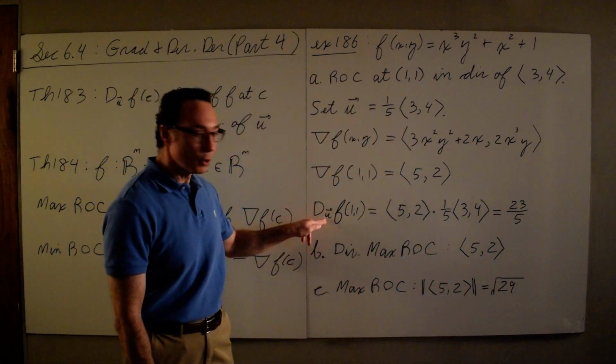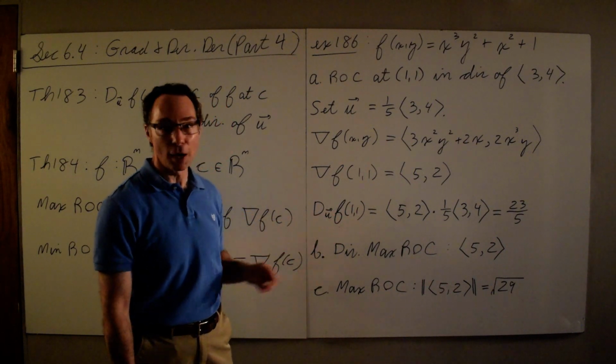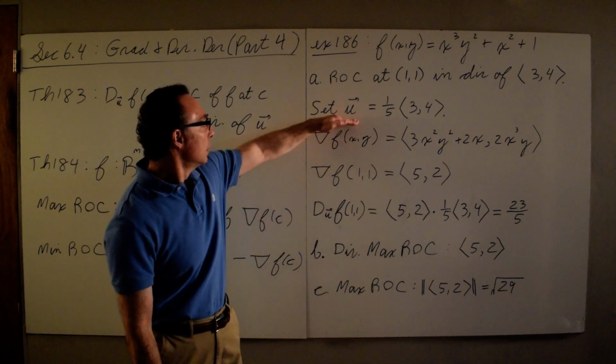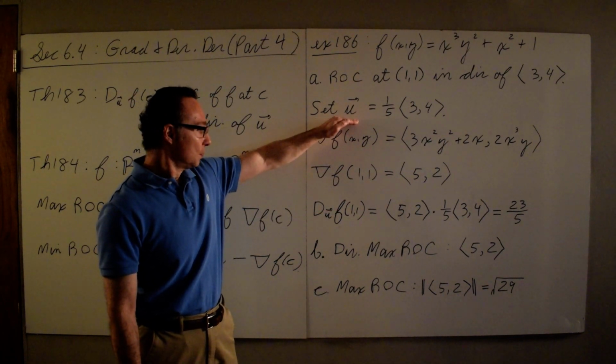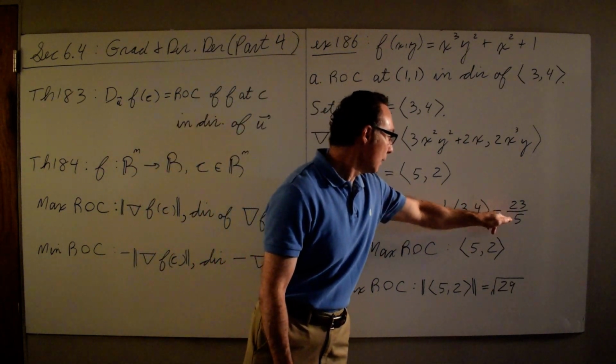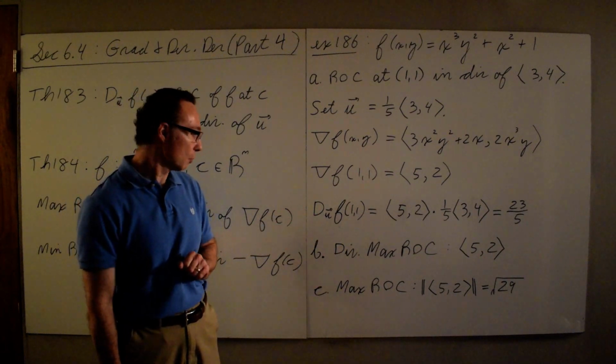So we have the directional derivative of f at the point (1, 1) in the direction of u. That's just the dot product of the gradient with the vector. So we have the dot product of these two vectors. That is 23 divided by 5. Remember, a dot product is always a number.